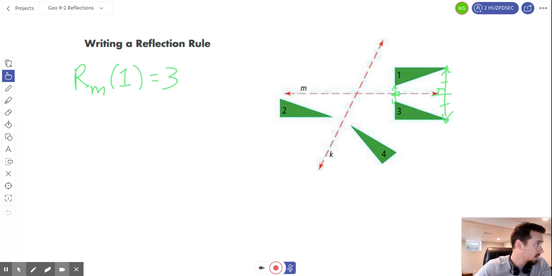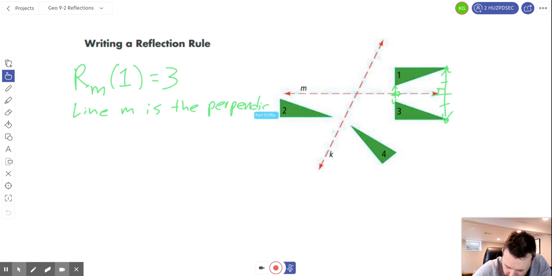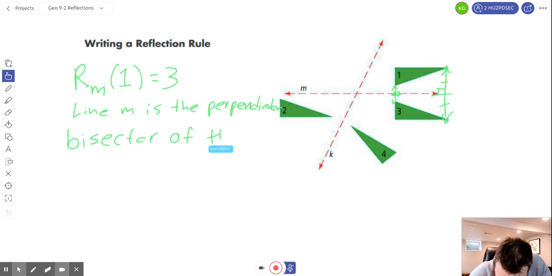In other words, line M is the perpendicular bisector of the line segments between the vertices.